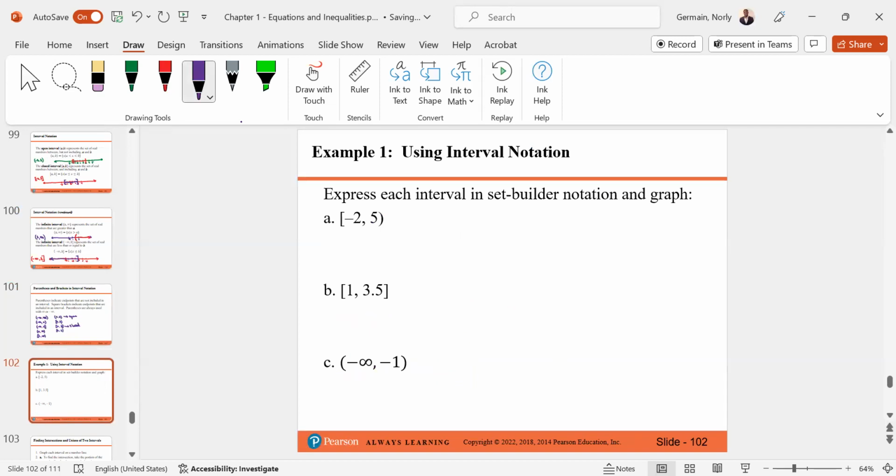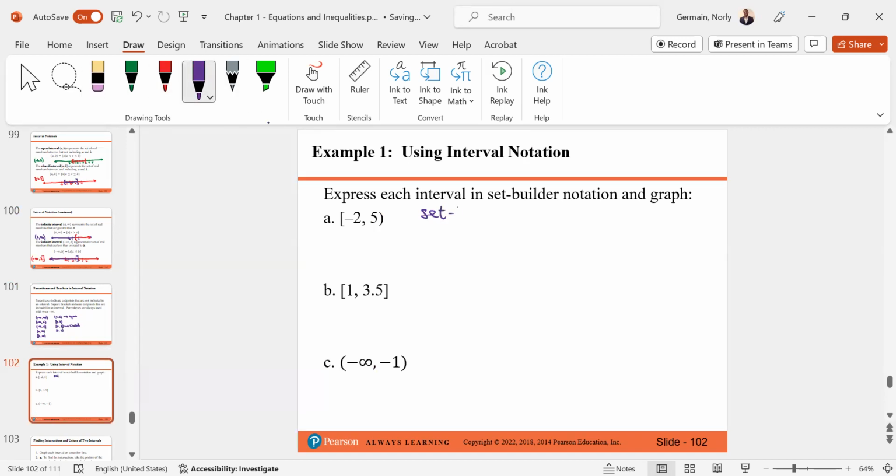As long as you understand this, it's fine, but we can even look at it in the examples. When you look at this one, they said to express each interval in set builder notation and graph. Do they ask you to do both, or do they say express in and graph? First of all, if you want to express it in set builder notation, I'm not gonna write it all the time, but let's do it right now.